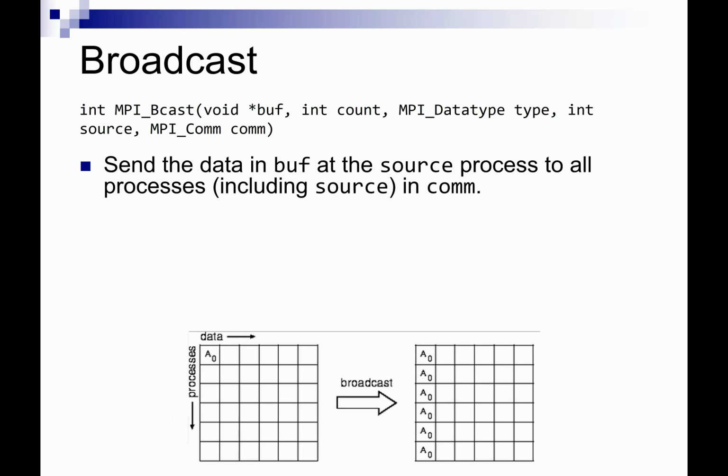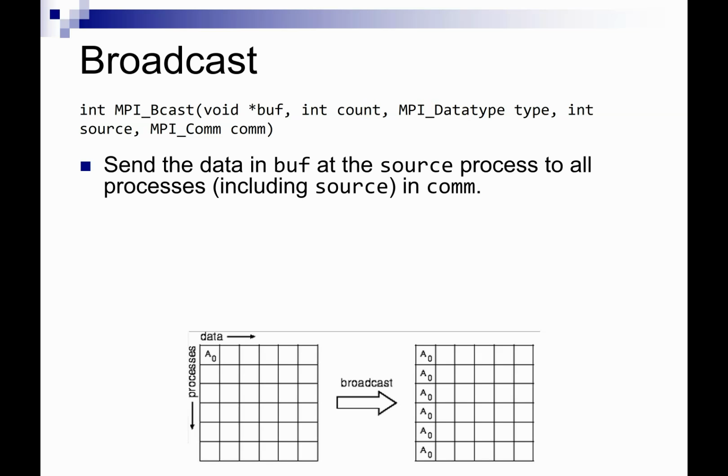Now I'm going to talk about these operations in some more detail and see how we actually use them in MPI. The first operation is the broadcast operation. The way we use this is that we have to say what data we're trying to broadcast. We give a buffer, which contains the data that we want to broadcast. All of the data in this buffer has to have the same type, which is this MPI data type here, and then we have count copies of this data.